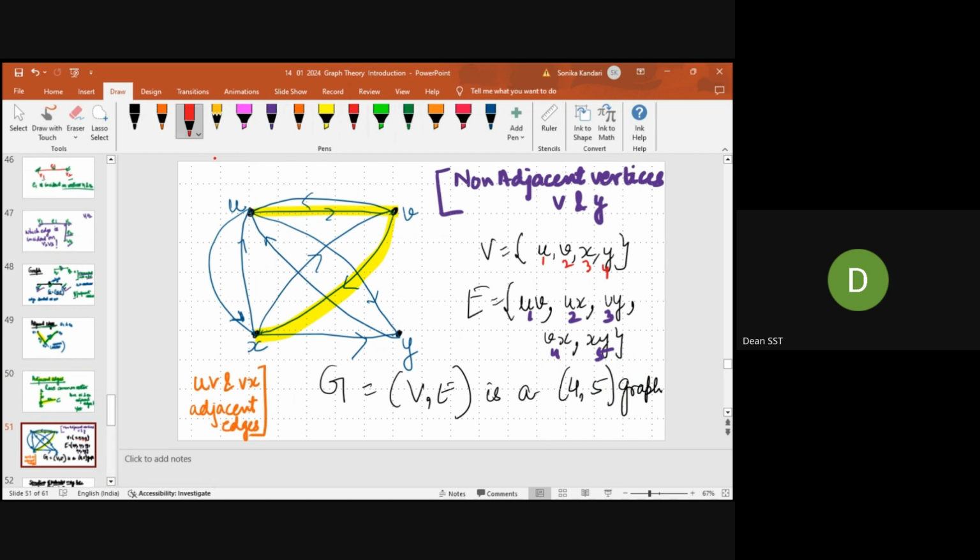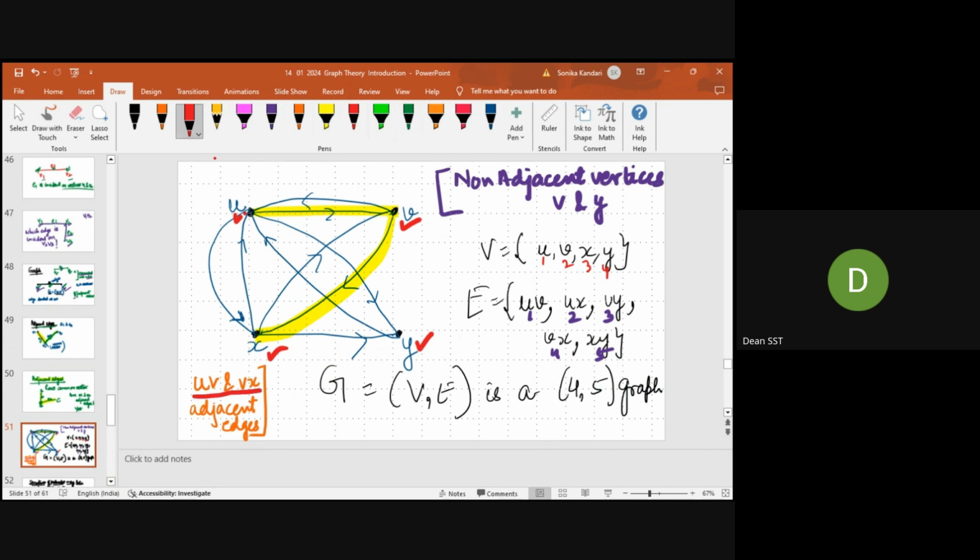This is the diagram. Here we have U, V, X, and Y. These are your vertices. Is this a directed graph or an undirected graph? Directed. Now check whether UV and VX are adjacent.